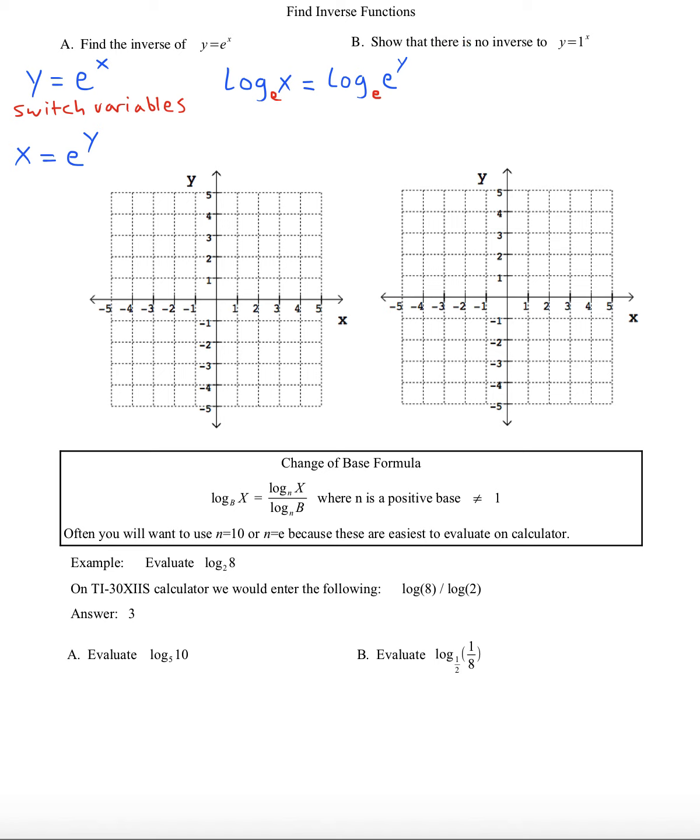And it's such an important log in mathematics that it has a special name: ln. ln is called the natural log. And it is simply nothing more than the log with a base of e.